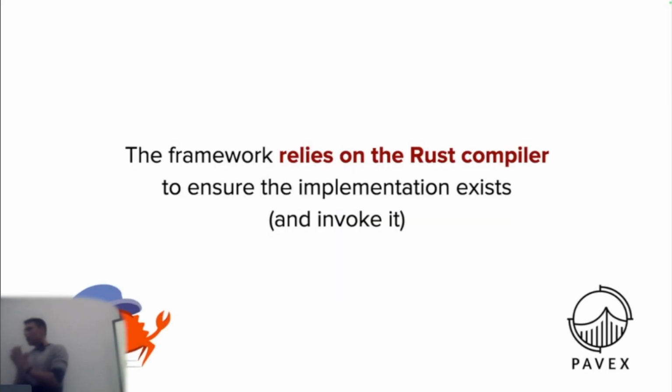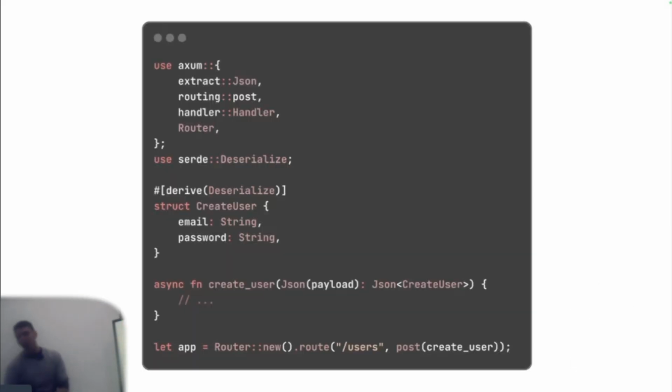Now, the framework relies on the Rust compiler for two things. A, to ensure that all your inputs, so all your request handler input parameters, do implement these traits. If that's not the case, the framework would reject the handler. And two, to actually resolve that method and invoke that logic. So this is straight from the Axum documentation.